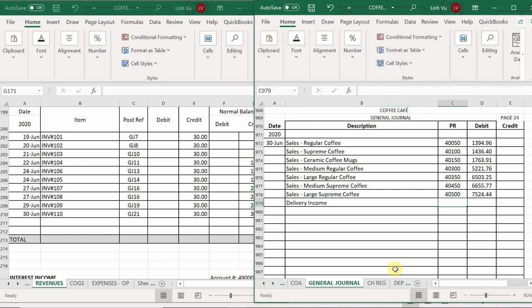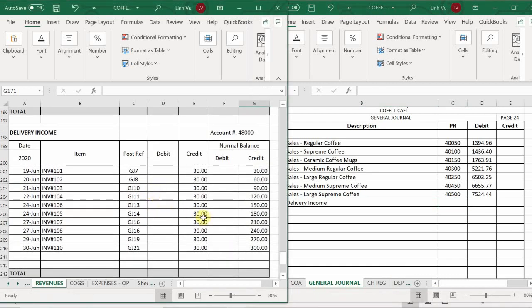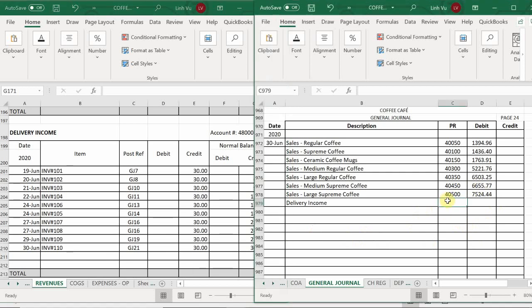So delivery income, which is account number 48,000, for a total amount of, I believe it's $300.